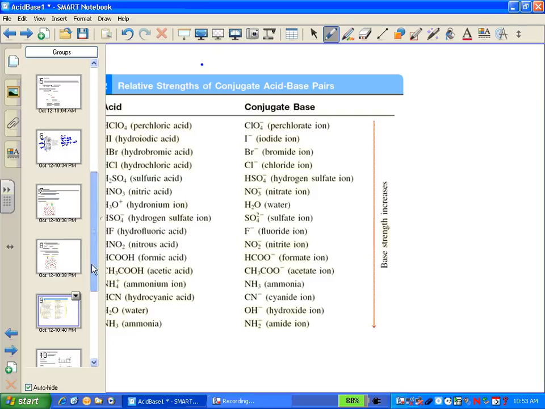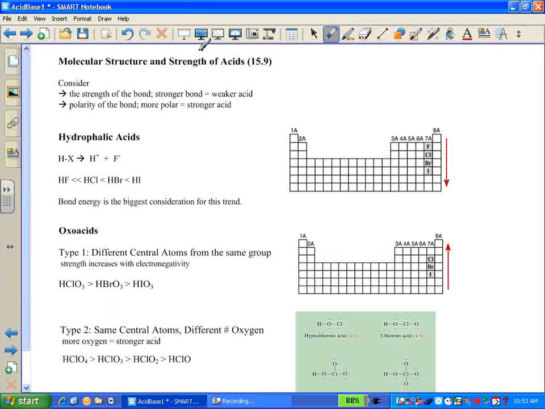We'll study that concept quantitatively a little bit later on. What we will do now, though, is talk about the structural implications of a substance and how you can look at the structure of a substance and decide the relative strength.